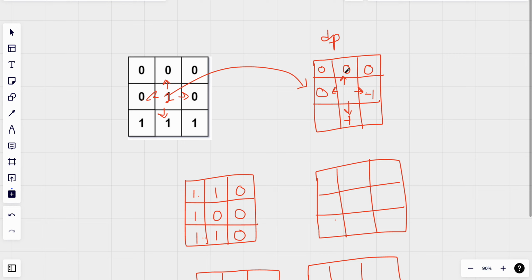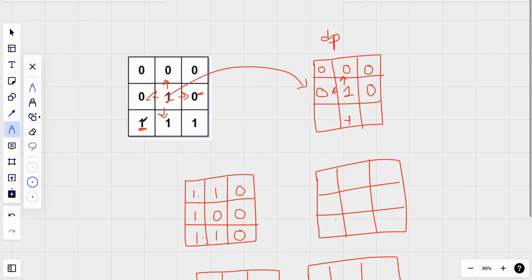So we know that these are the nearest ones, which means this would be equal to 0 plus 1, which is 1, and we are not considering these cells because they are -1. Similarly for this cell, now we have the value 0, so we can write 0 over here. Same now for this cell.